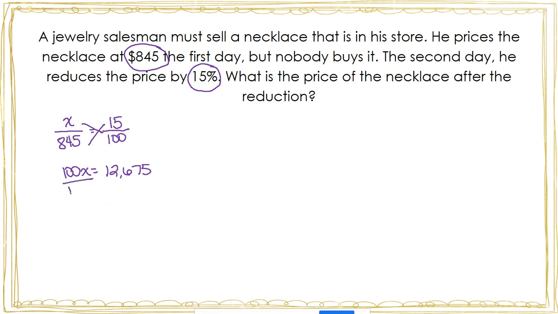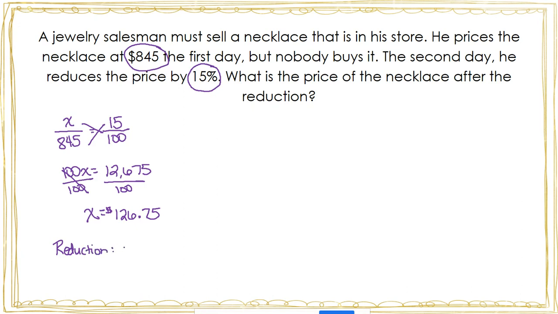I now need to divide by 100 on both sides of my equation. These will cancel to leave me with x. And 12,675 divided by 100 is $126.75. This tells me the reduction that the salesman took off the necklace.